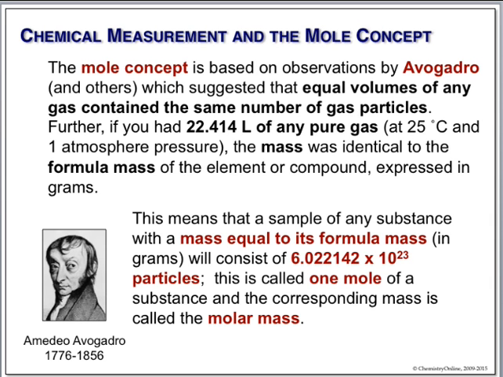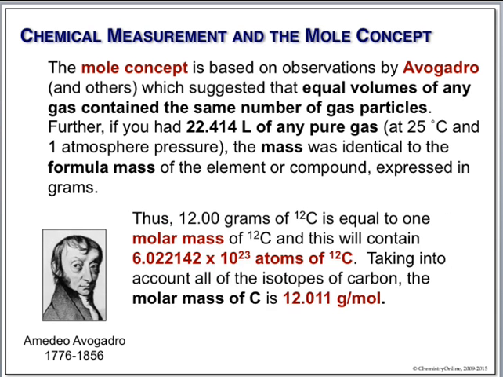We will refer to that as the molar mass, the mass of 1 mole of a substance. Today we actually define it using the isotope C12 here. Anything that contains 6.02 times 10 to the 23rd C12s, the same number of particles, is equal to 1 mole.